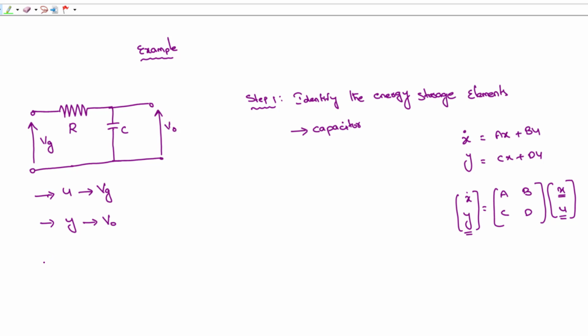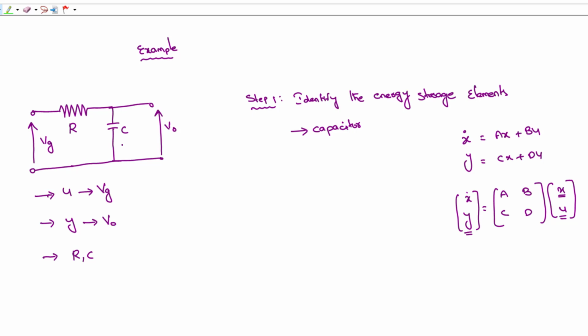Now, what are the elements? The elements are R and C. As per our first step, we have to identify the energy storage elements, and here only the capacitor is the energy storage element.